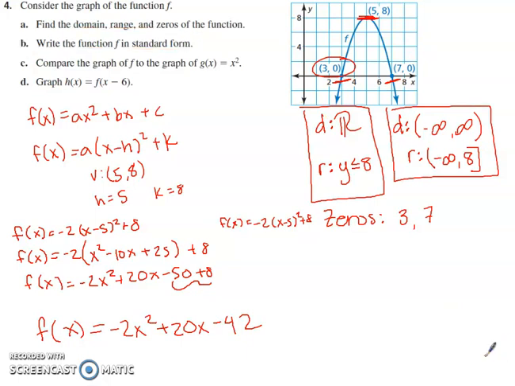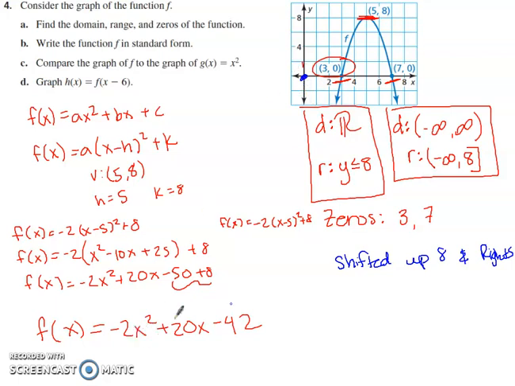Compare the graph to the graph of g of x is x squared, so our parent function. Well, it looks like we were shifted up 8. And then we were shifted to the right 5. Our vertex used to be here.